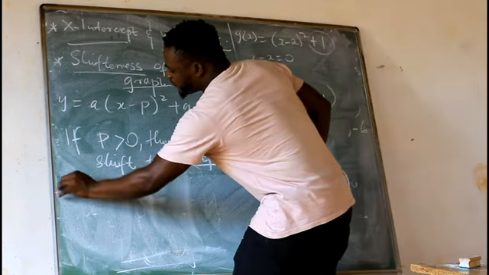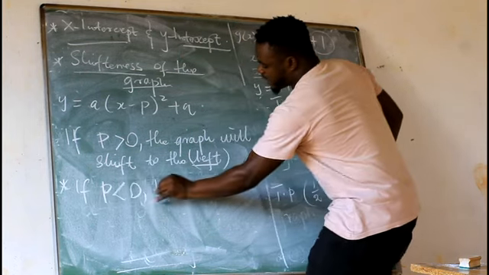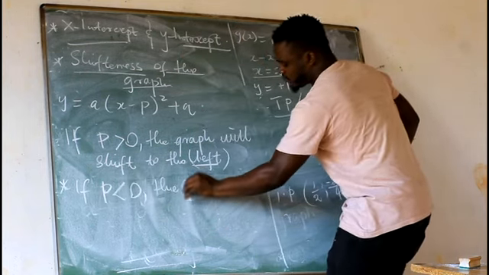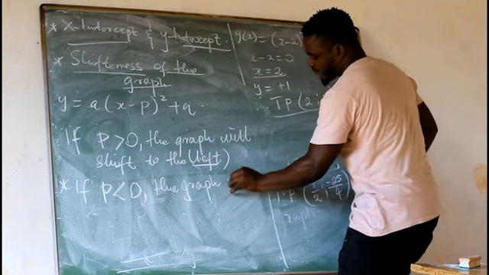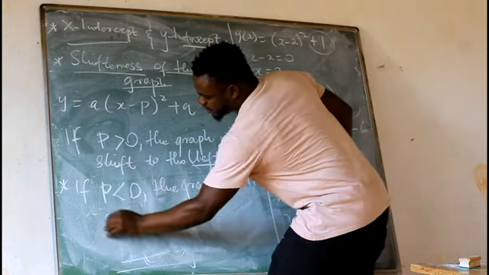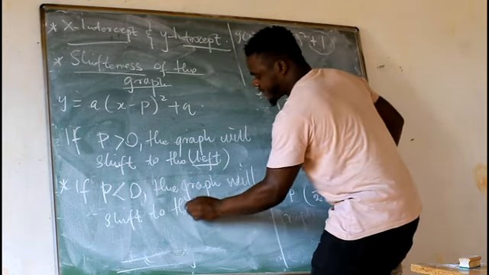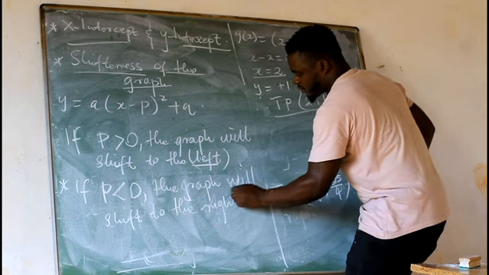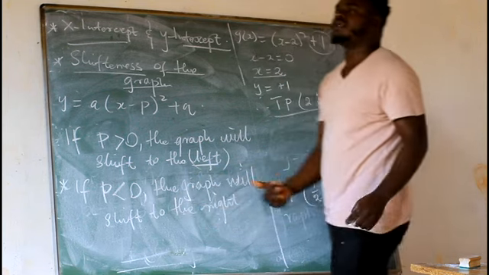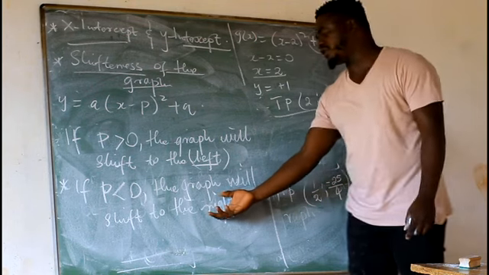And also if p is less than 0, which simply means negative, the graph will shift to the right. Whenever p is negative, the graph will shift to the right.